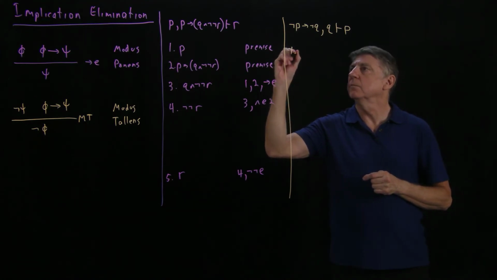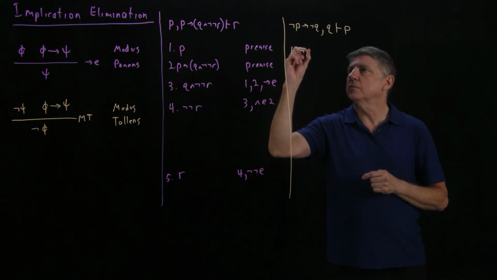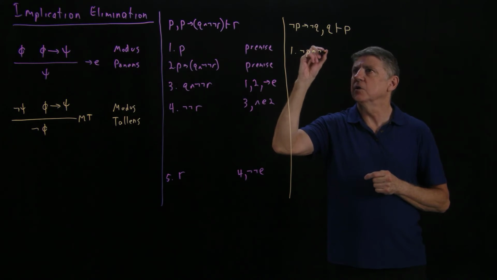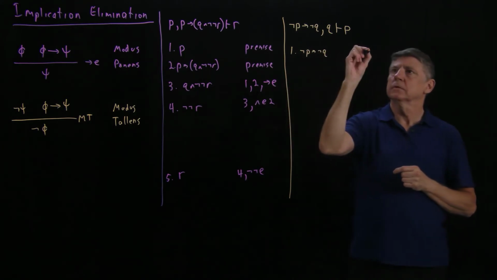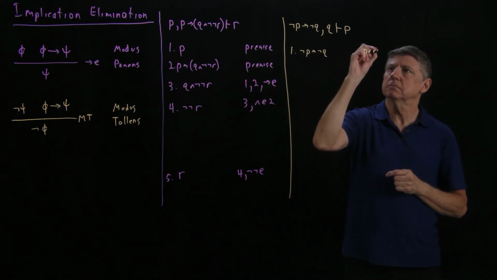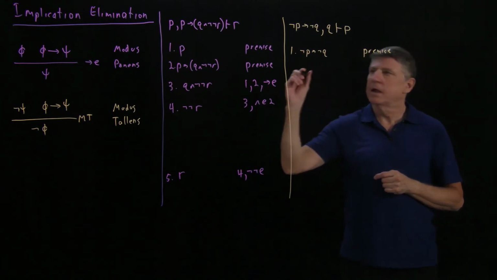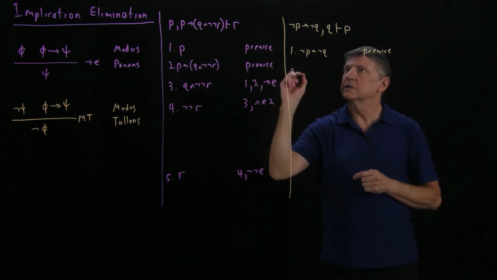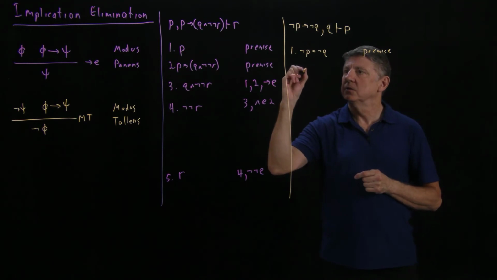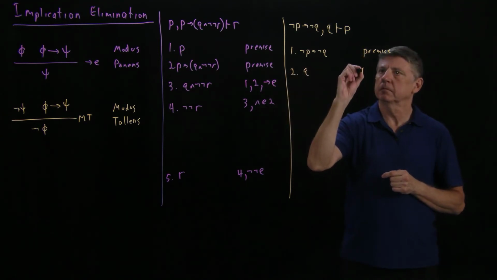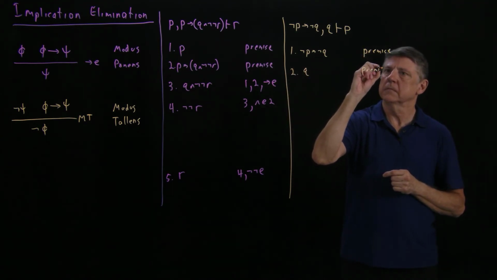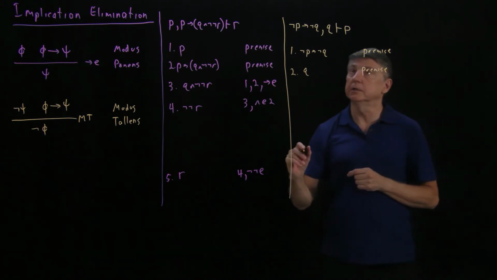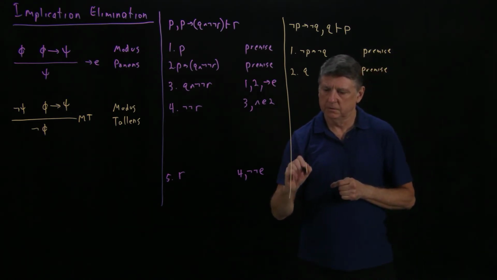So here, premise 1 is not P implies not Q. So that is a premise. And the second premise is Q. My conclusion is P.